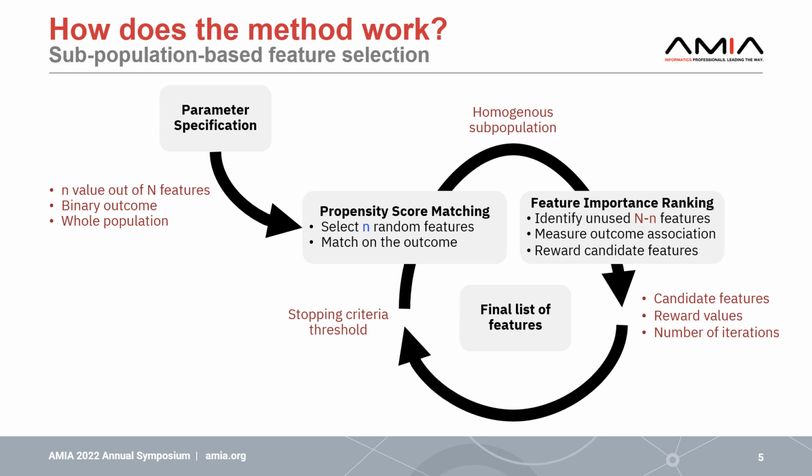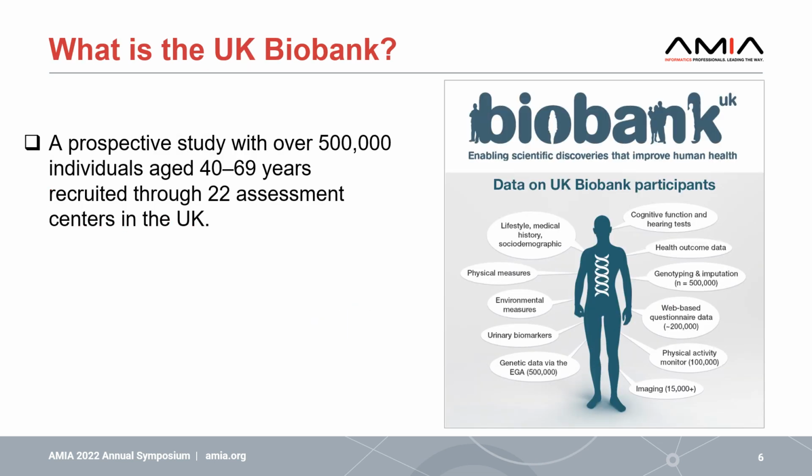You repeat this process many times, and every time you reward features. Those that get rewarded many times over time are the ones that are considered selected, and then you can decide which ones you want to use: all of them, the top 10%, 3%, and so on.